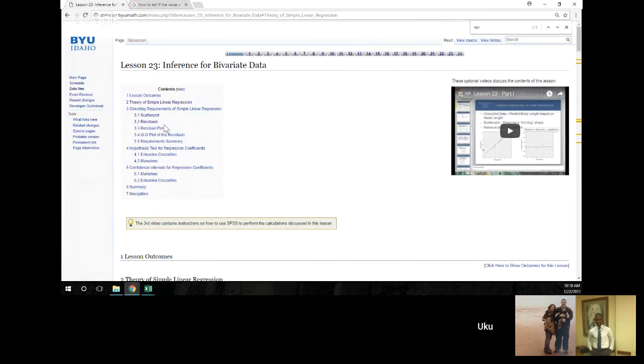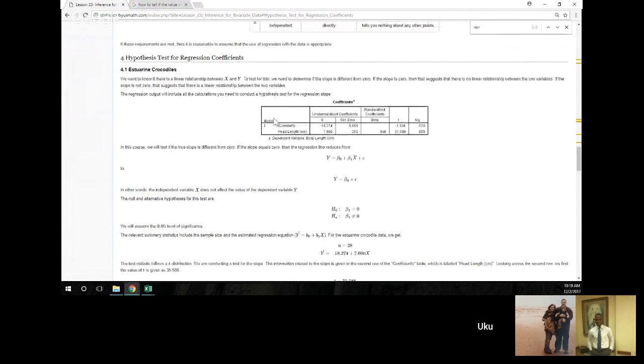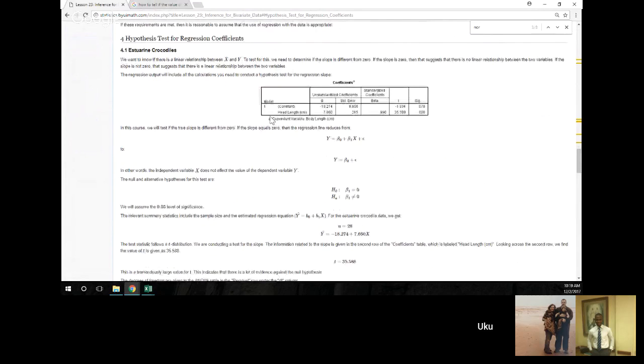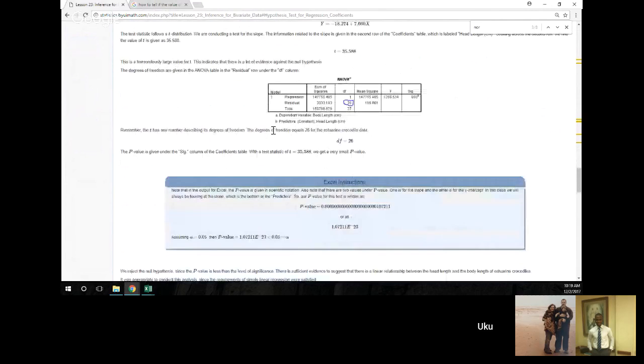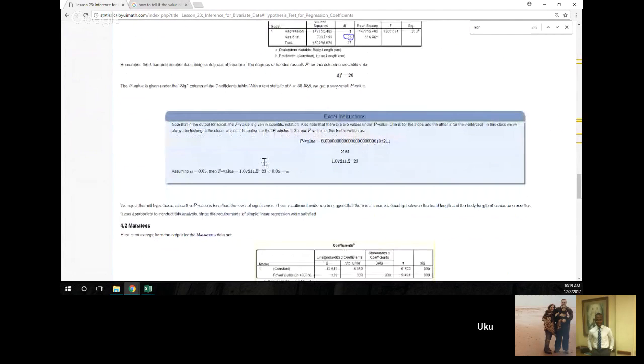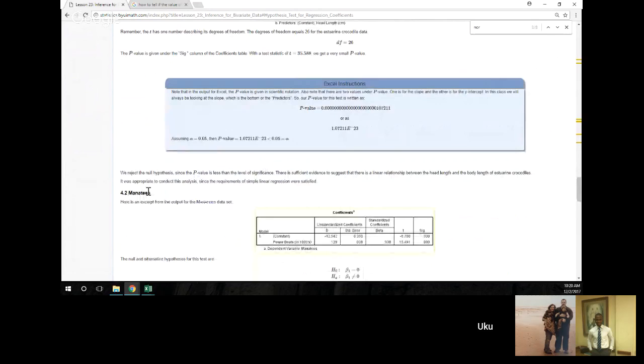I never get this wording right. I'm not very good at story problems. Let's see, there's an example somewhere here. I know we did it yesterday. Okay.